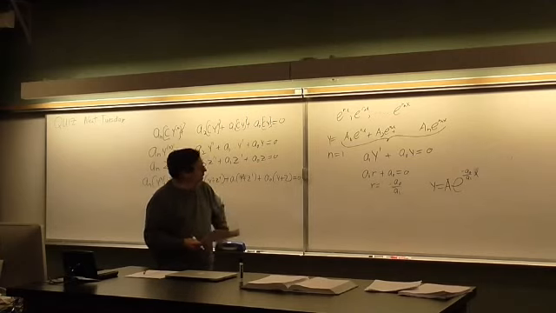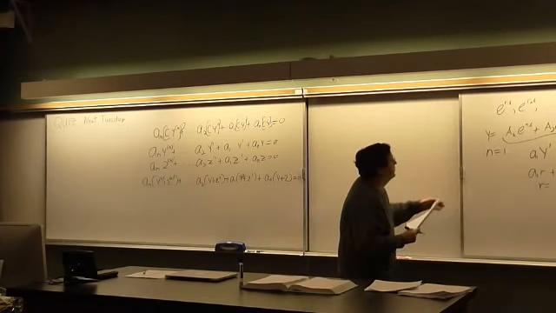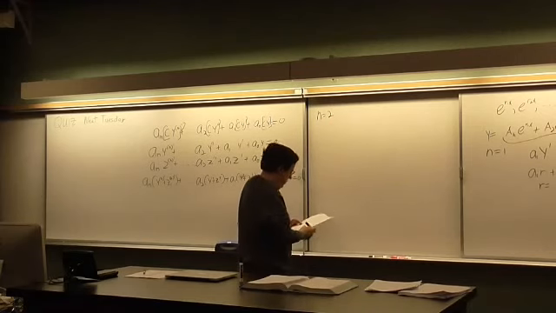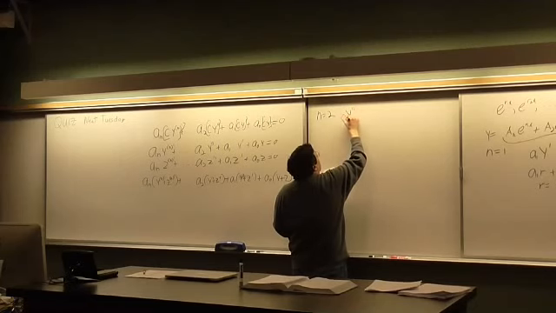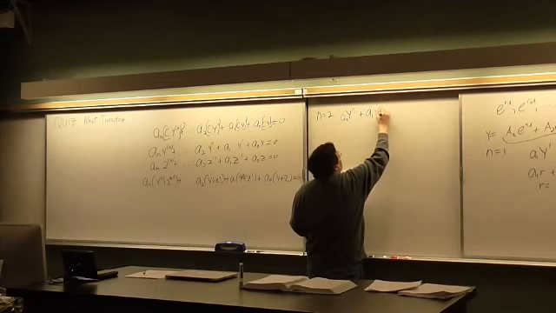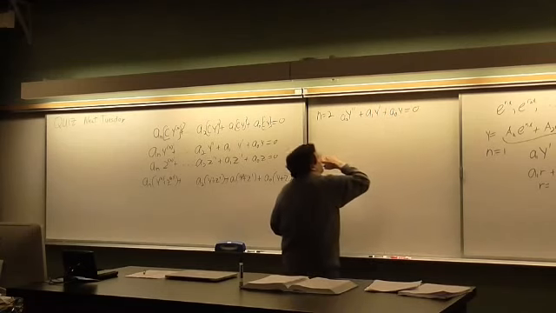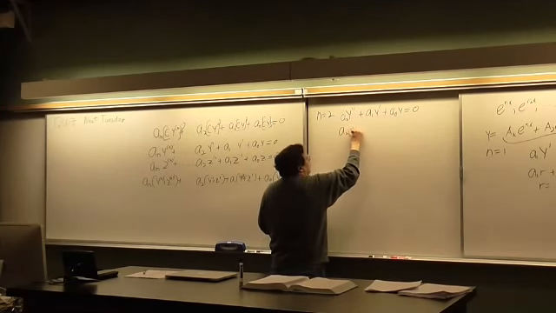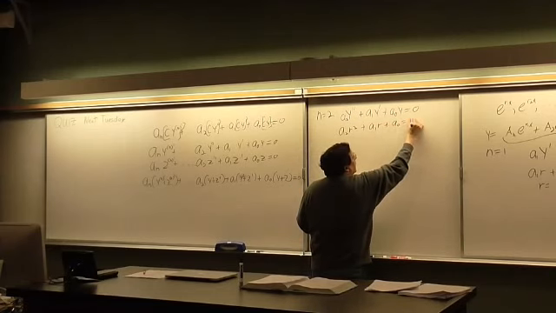What about for n equals 2? For n equals 2, we have an equation a2 times the second derivative of y, plus a1 times the first derivative of y, plus a0 y equals 0. So the polynomial is a2 r squared plus a1 r plus a0 equals 0.